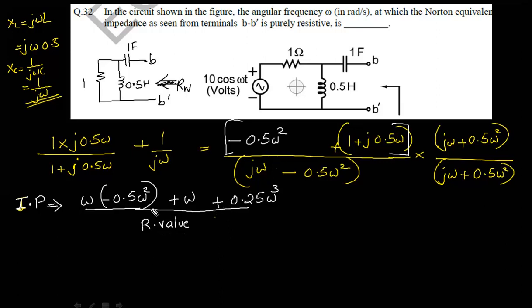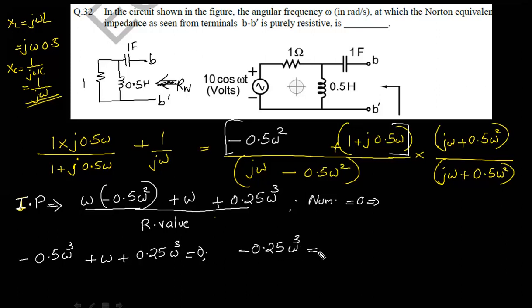So for purely resistive, the numerator part of this expression is 0, right? So equating the numerator to 0: minus 0.5 omega cube plus omega plus 0.25 omega cube equal to 0. So minus 0.5 omega cube plus 0.25 omega cube is minus 0.25 omega cube, equal to minus omega.